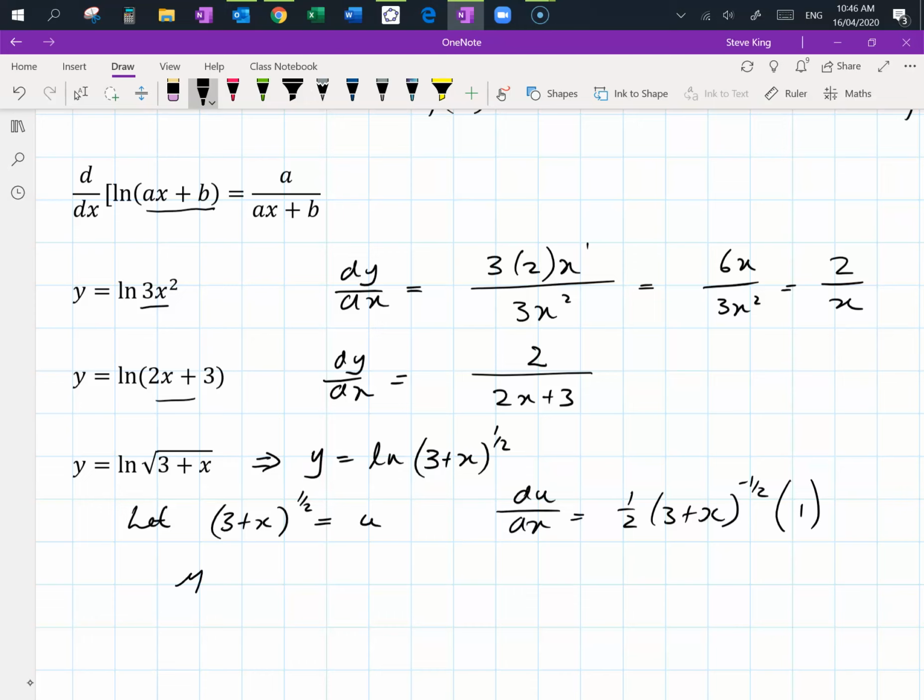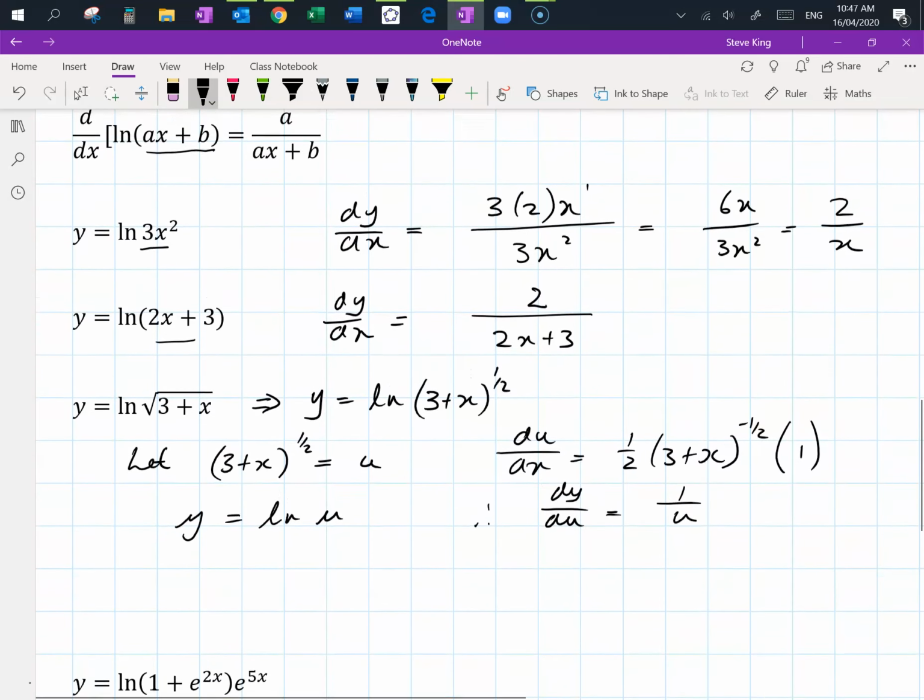My function now looks like this. It's now y is equal to ln of u, and so therefore dy du is going to be simply 1 over u. And that allows me to say, right, dy dx is going to be 1 over u times a half, 3 plus x to the minus a half.